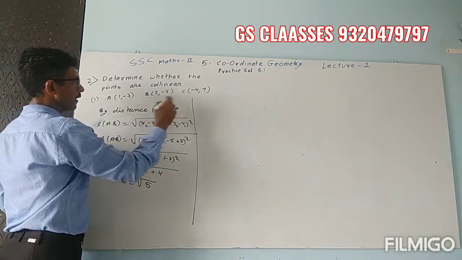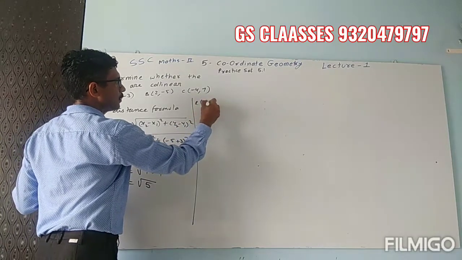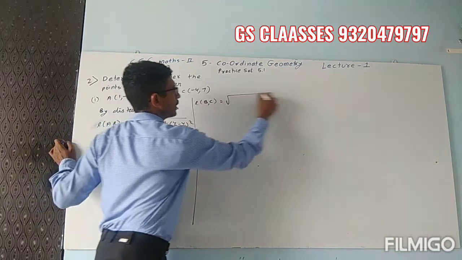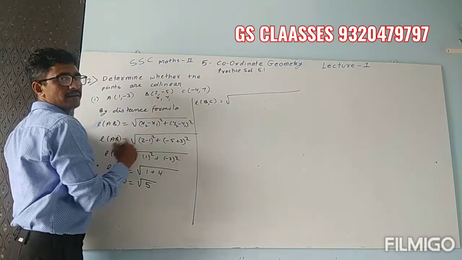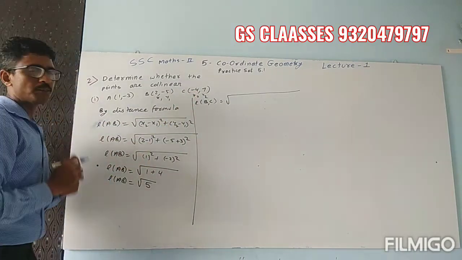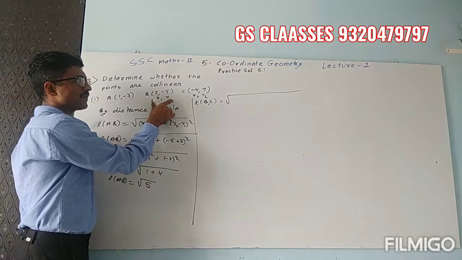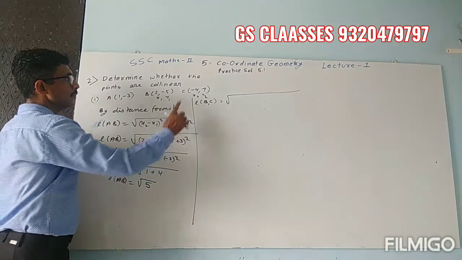So again, while calculating length BC, you consider this as x1, y1 and this as x2, y2. That you can do. Consider this one now as x1, y1 and this as x2, y2.